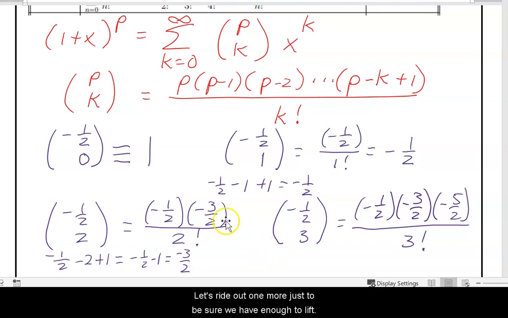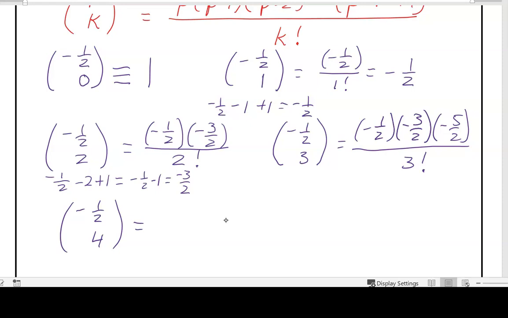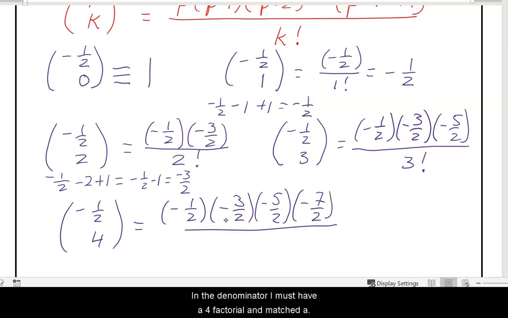Let's write out one more just to be sure we have enough coefficients. The last one will be negative 1/2 choose 4, which gives me 4 factors in the numerator: negative 1/2, negative 3/2, negative 5/2, and negative 7/2. In the denominator, I must have a 4 factorial to match k.